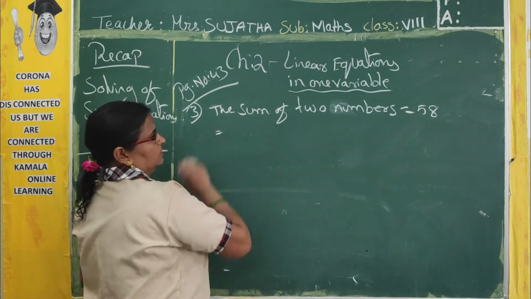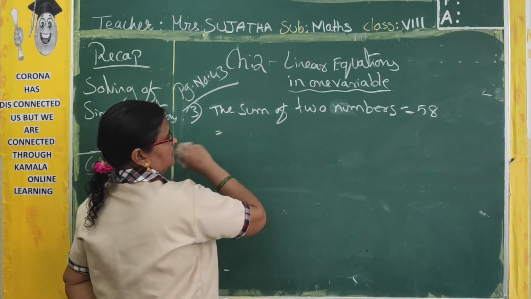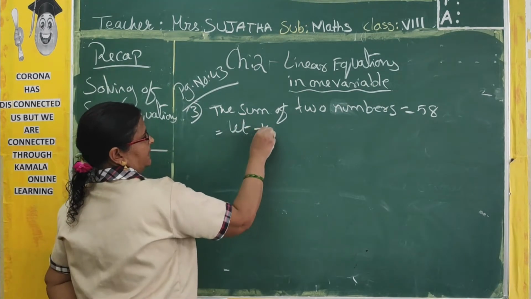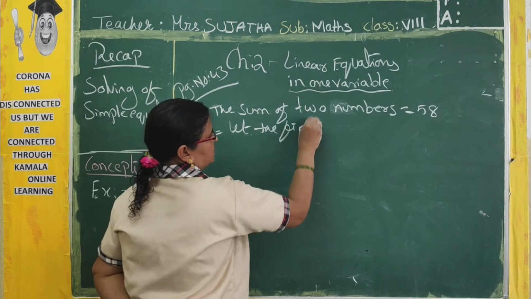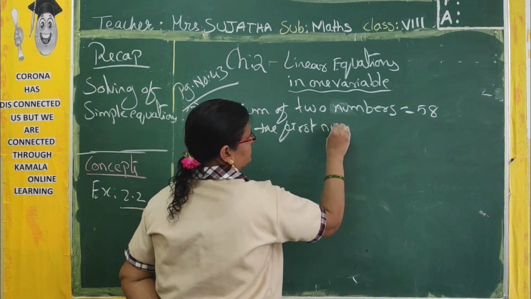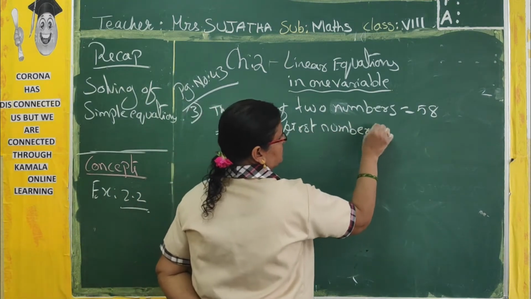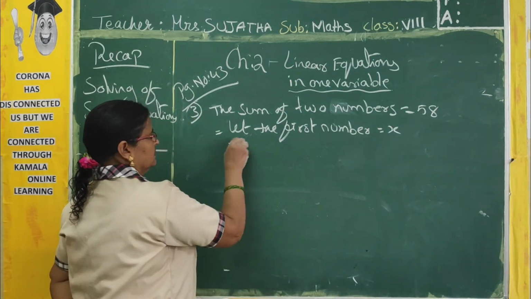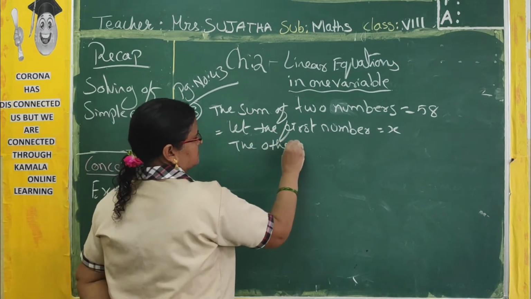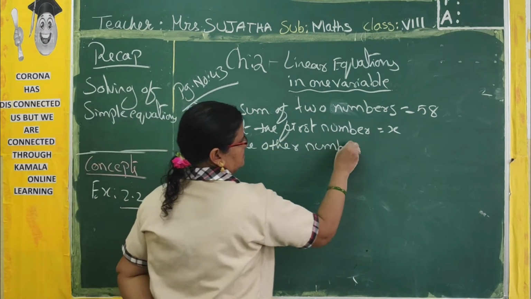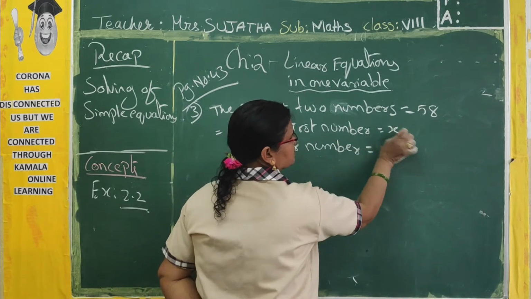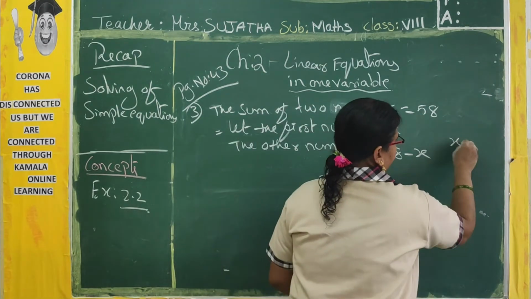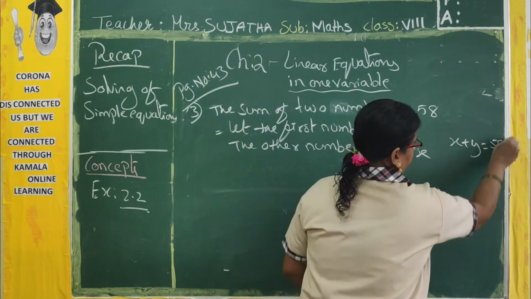Now, let the first number be x, I am taking. So what is the other number? The other number is equal to how much? 58 minus x. See, x plus y is equal to 58, mark.